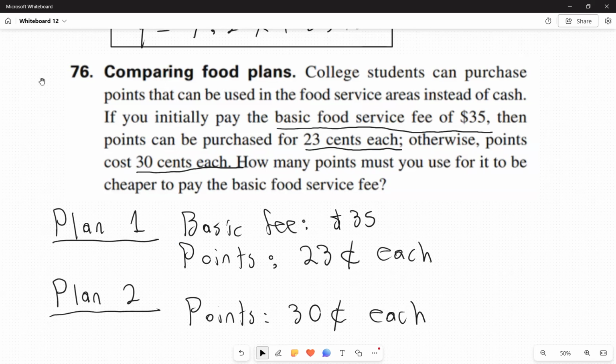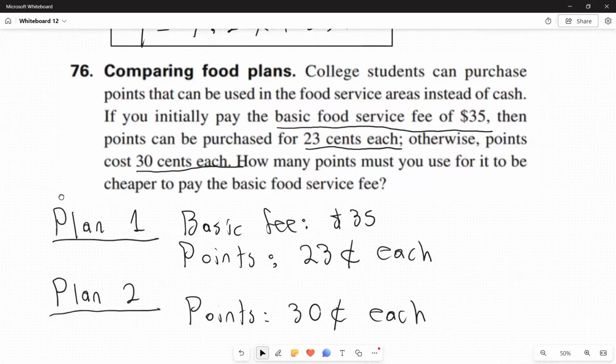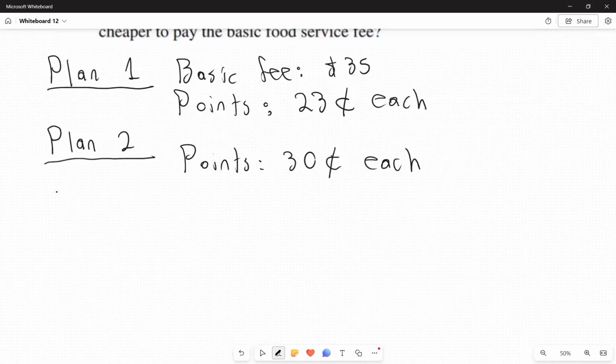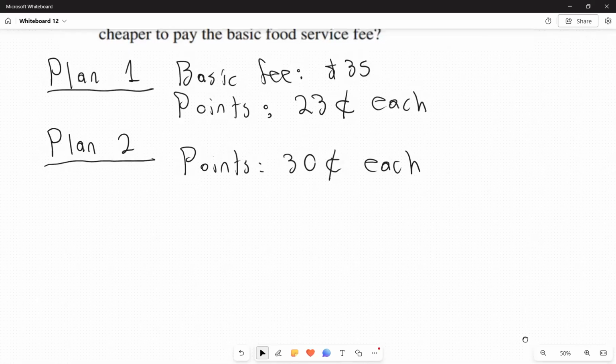So we are going to write a linear equation in slope-intercept form for each plan. So the equation for plan one, and we're going to give names to variables.